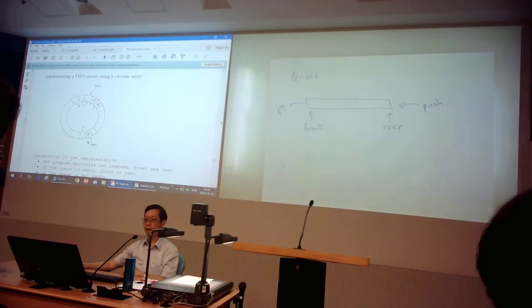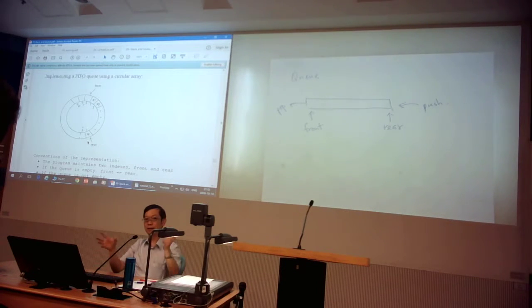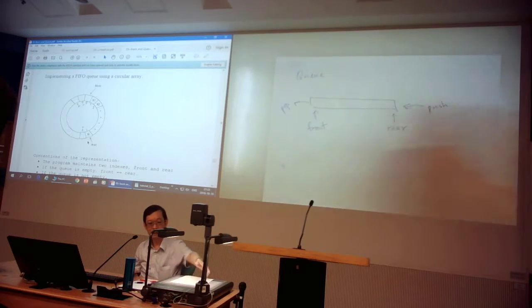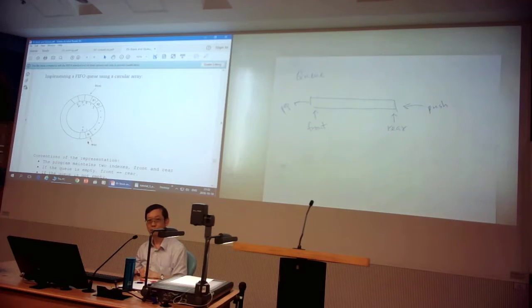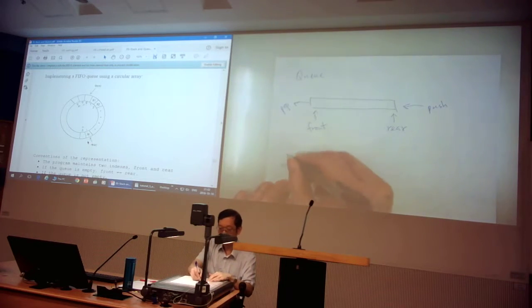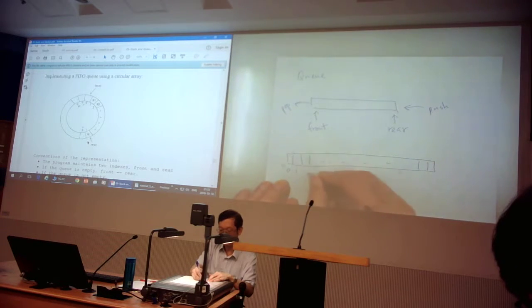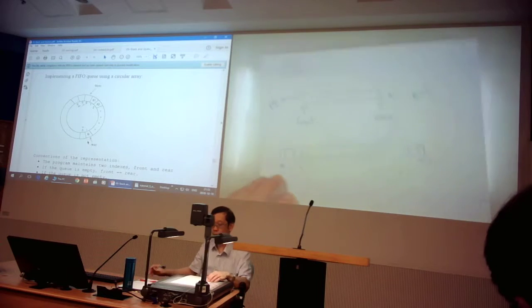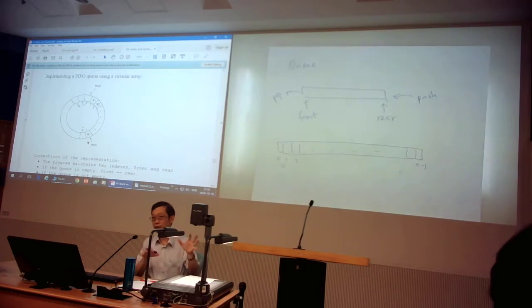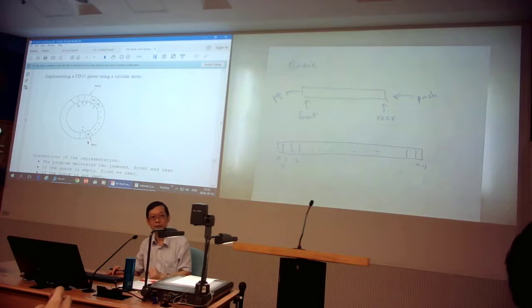Now in the program, when we implement a queue, very seldom we will use a linear array to implement a queue. Now why don't we use a linear array? If you have a linear array, the indexes of the linear array are from 0 to n-1.